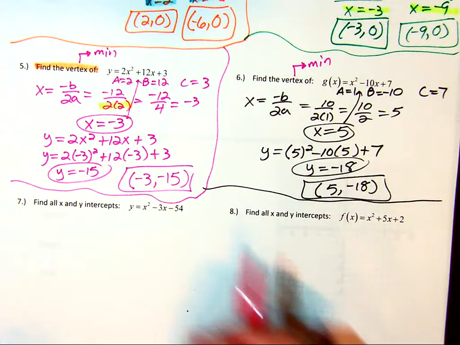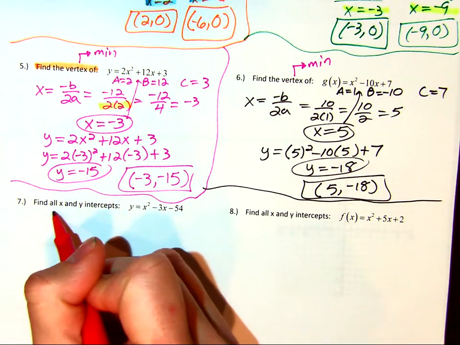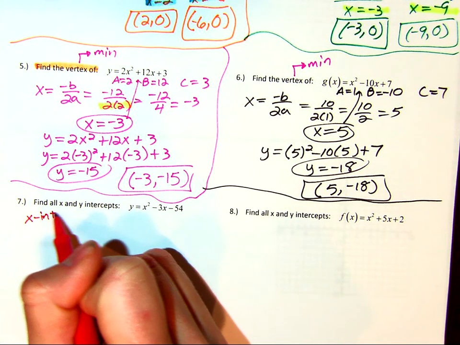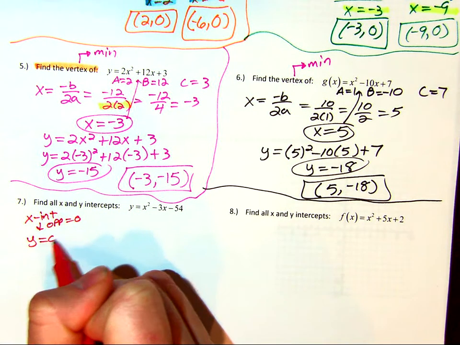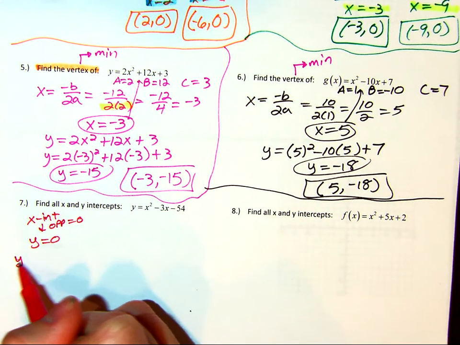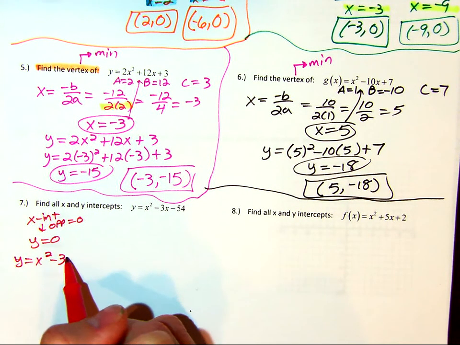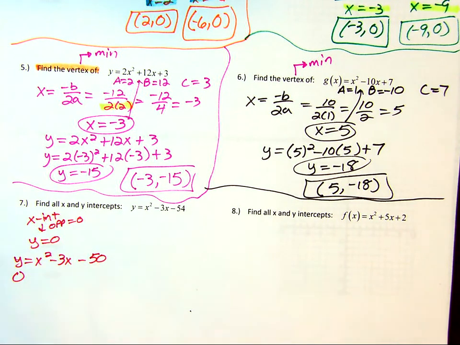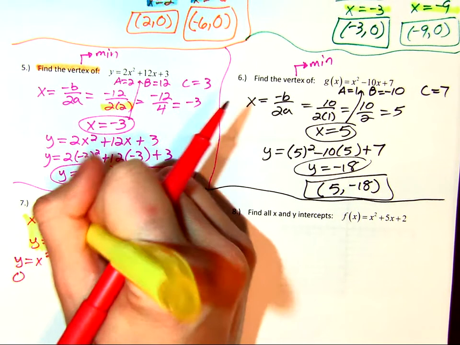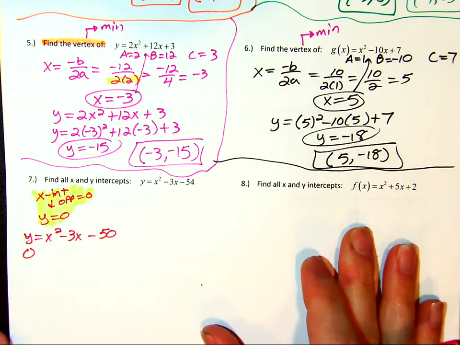So x-intercept, remember, the opposite equals 0, so that means y equals 0. So I'm going to take this formula, y equals x squared minus 3x minus 54, and I'm going to put 0 in for the y. But this is the key part. If you know this, you should be able to do the rest. So 0 equals x squared minus 3x minus 54. Oh, sorry, I first said 50, but this was a 54. Make sure you copy it down correctly.